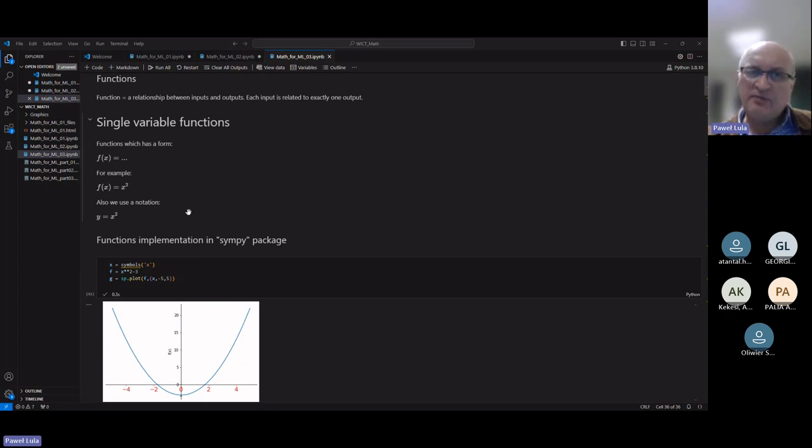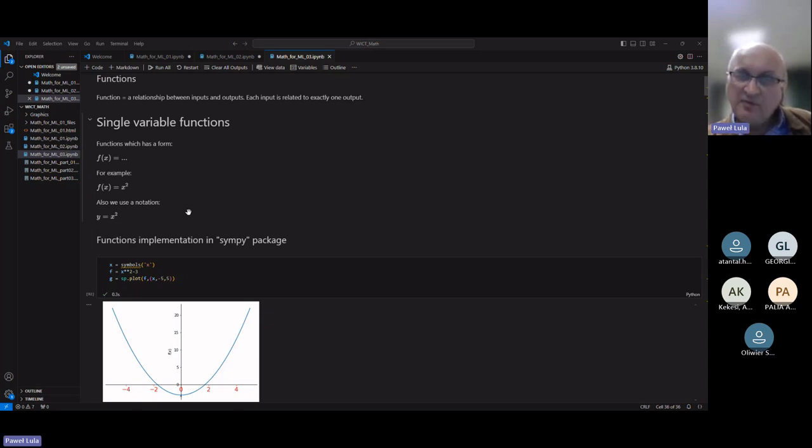We can perform some calculations, some operations using functions. And we can do everything using the Python language. There are also in Python some tools which we can use for defining functions and for performing operations on functions.